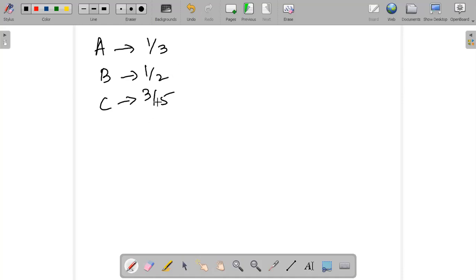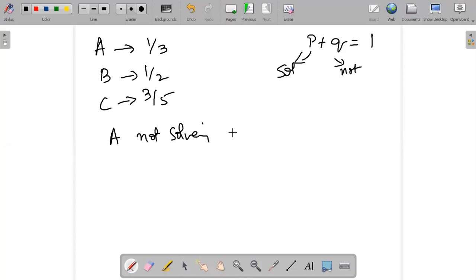Here, I'll consider A not solving, which is 1 minus 1 by 3, that is 2 by 3.